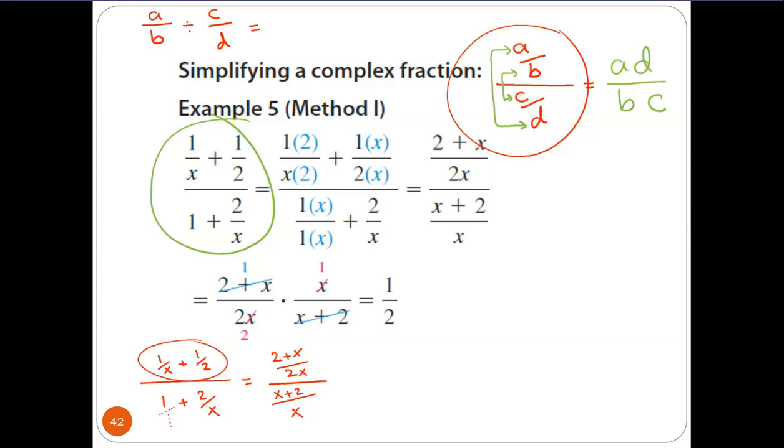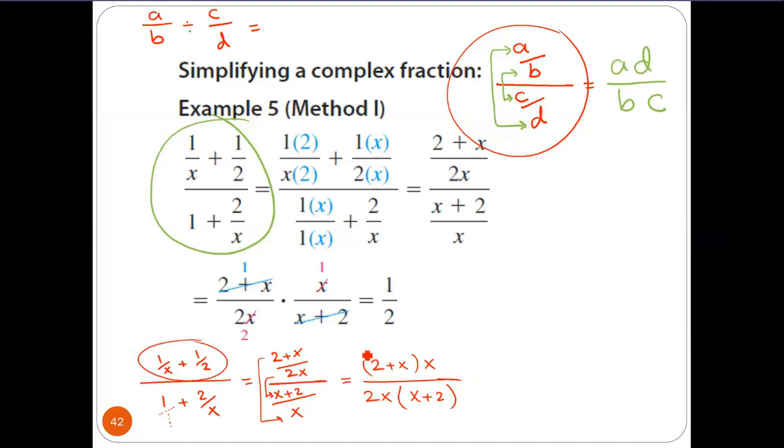Okay, now we can multiply 2x with x, so we have 2 plus x multiplied by x, and 2x multiply x plus 2.